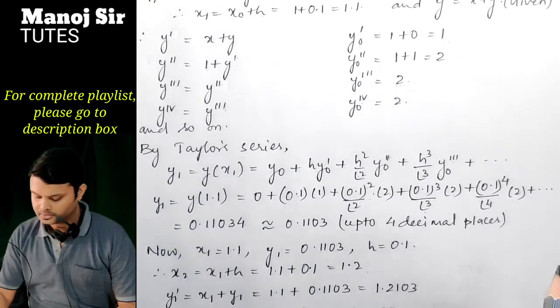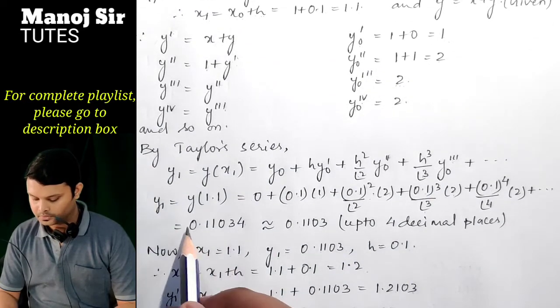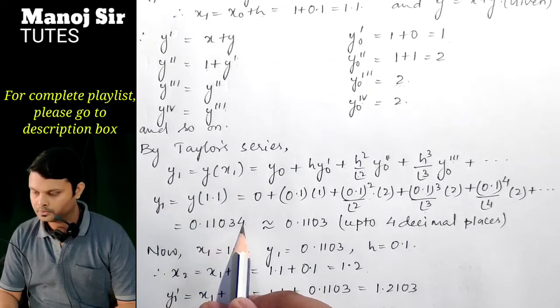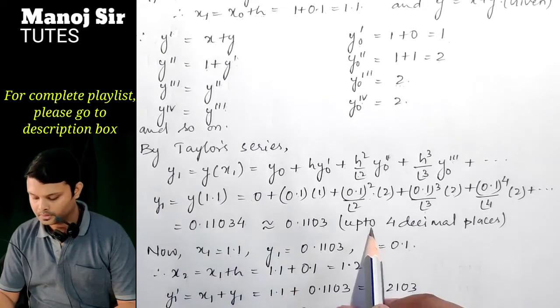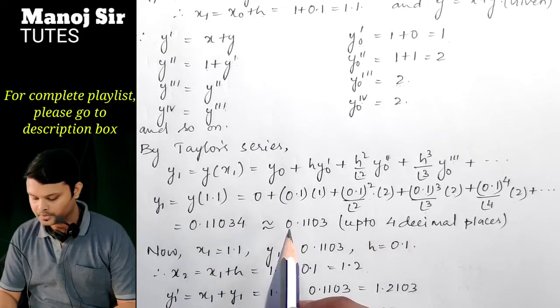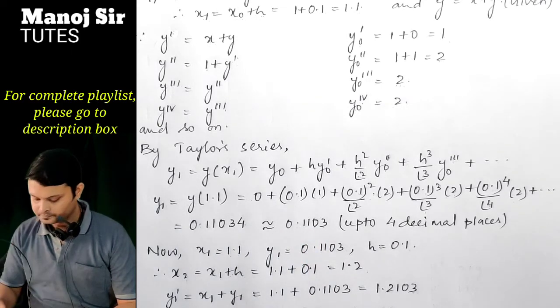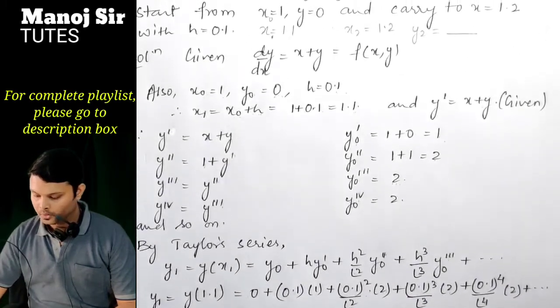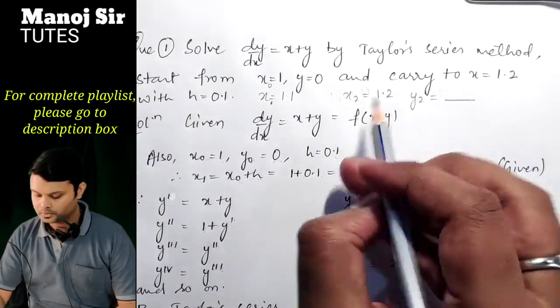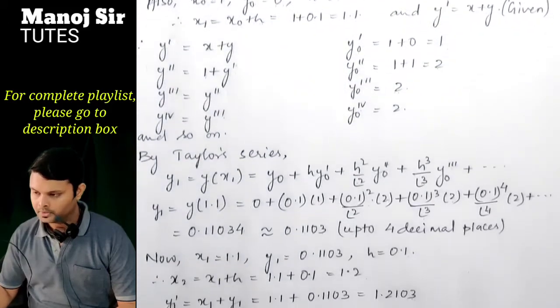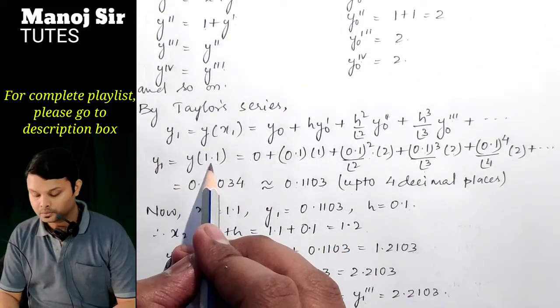Now on solving this, y1 equals 0.11034, and if you want to round off up to 4 decimal places, this will become 0.1103. Now we need y at x equals 1.2, but here we have y at x equal to 1.1.